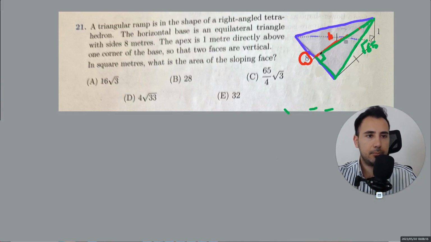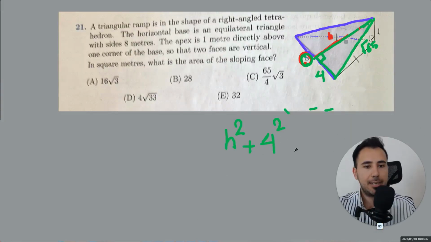So I'm going to write it here: h squared, the height squared, plus half of this 8, which is 4, squared, is the square root of 65.